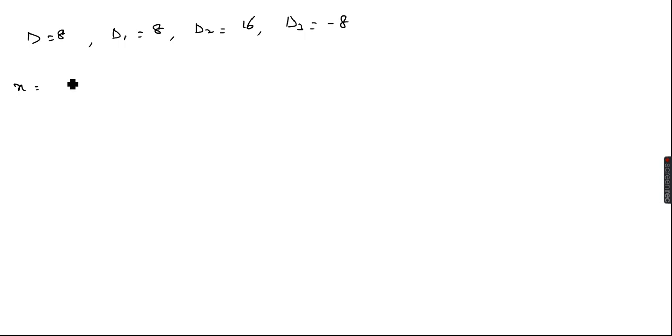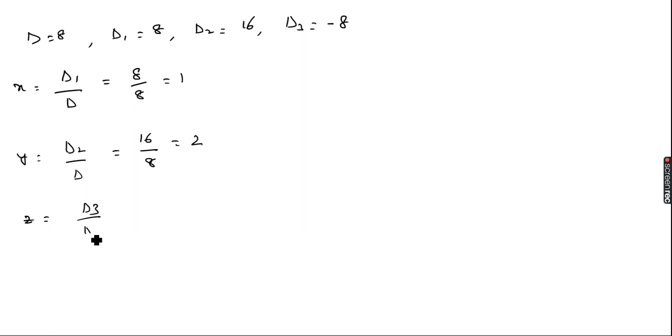What is the formula for x? X equal to delta 1 by delta. Delta 1 value 8 by 8, that is equal to 1. Y equal to delta 2 by delta, that is 16 divided by 8, that is 2. And z is equal to delta 3 by delta. Delta 3 is minus 8 by 8, that is minus 1. So therefore the values are x equal to 1, y equal to 2, z equal to minus 1.